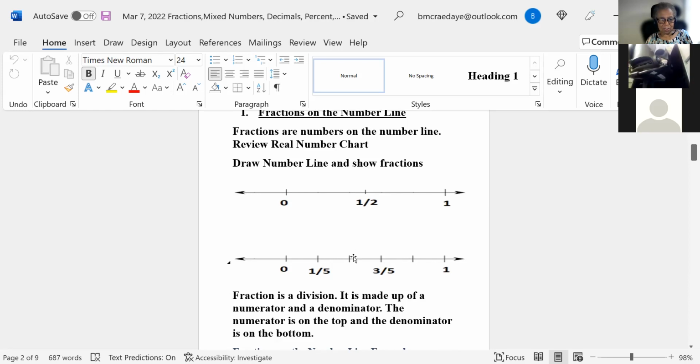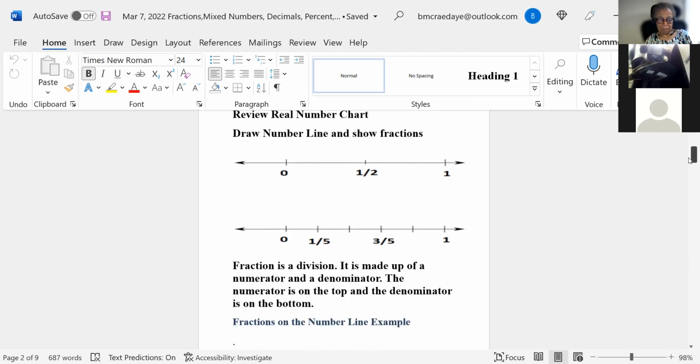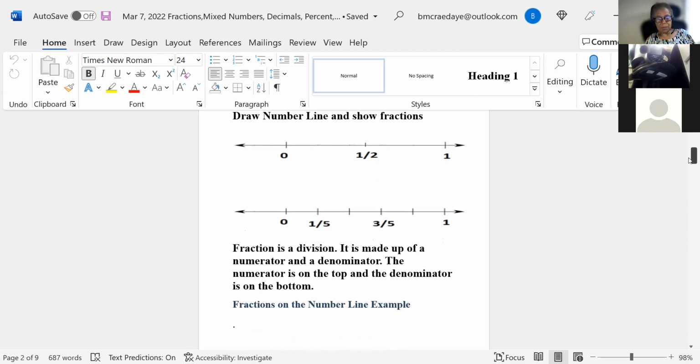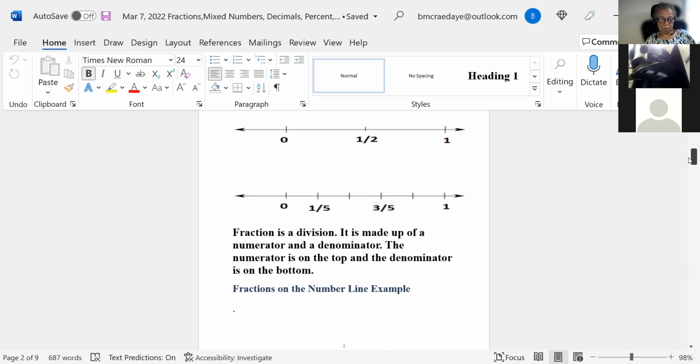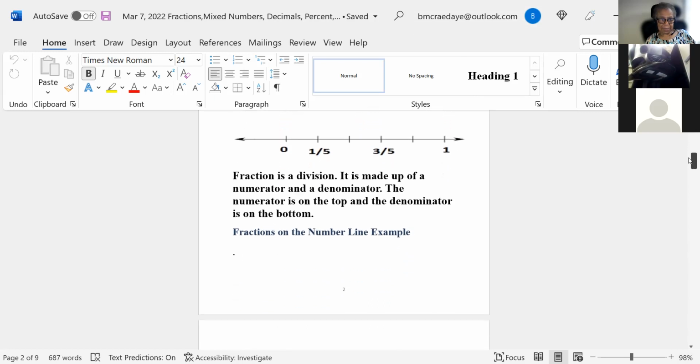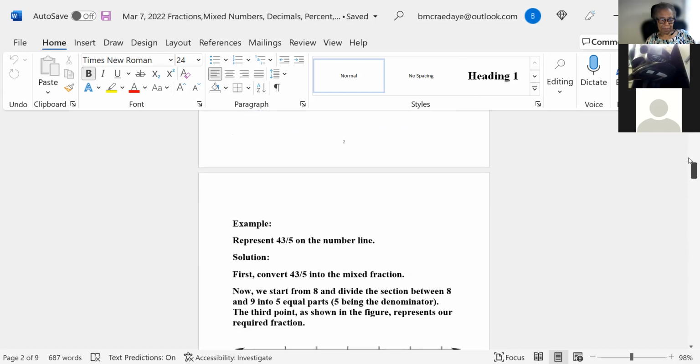So 1/5, 2/5, 3/5, 4/5, 1. And just remember, a fraction is really a division, a number or a variable over a number or a variable. The top part we call what? The numerator, and the denominator we call the bottom part. And that's very important because that's how you do operations on fractions with numerators and denominators.